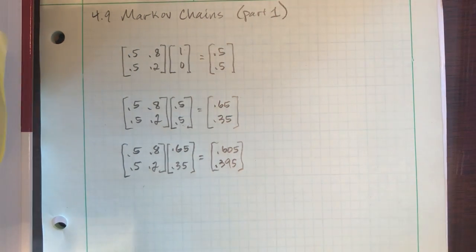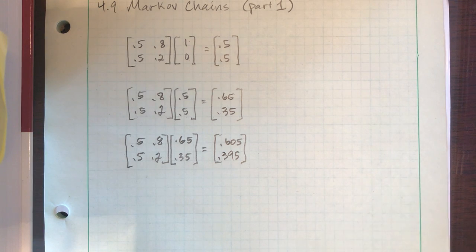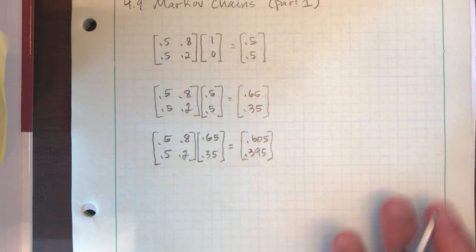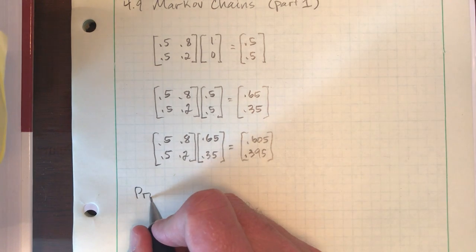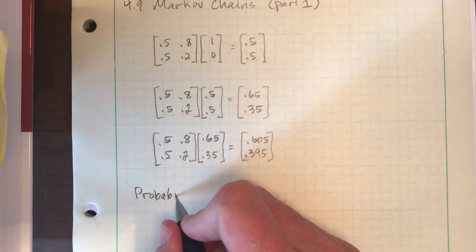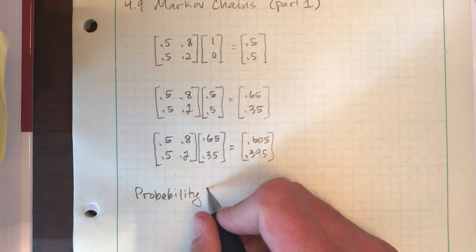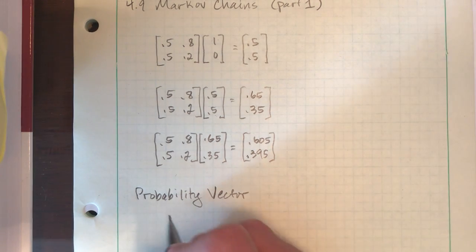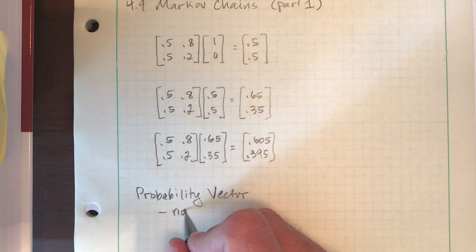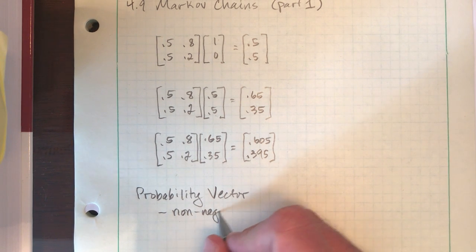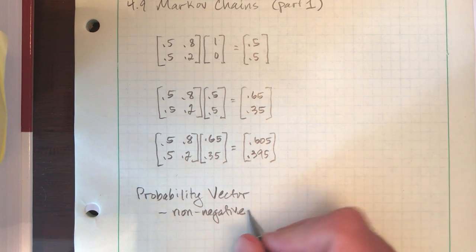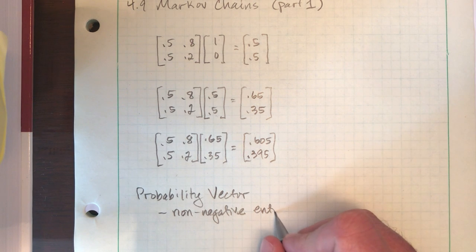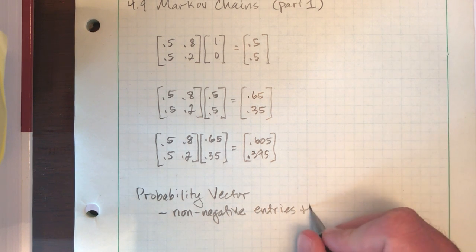So let me give you a few terms that are showing up here. First of all, there is something called a probability vector. And that's any vector that has non-negative entries that add to 1.